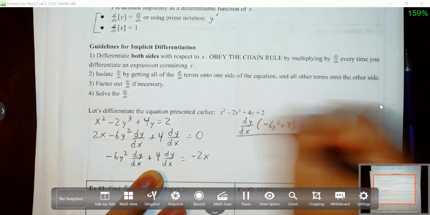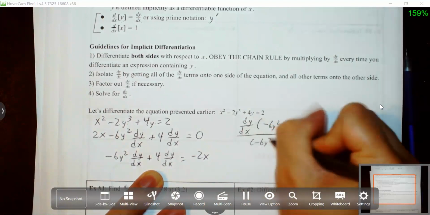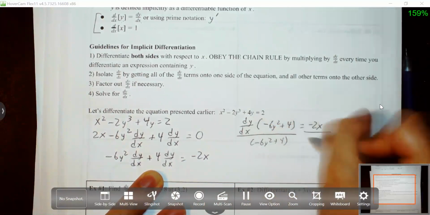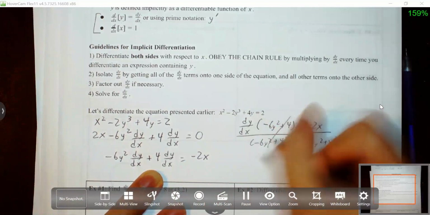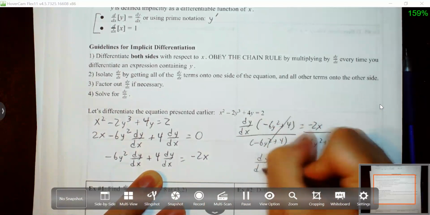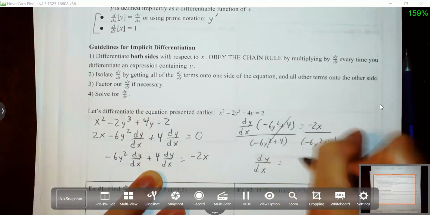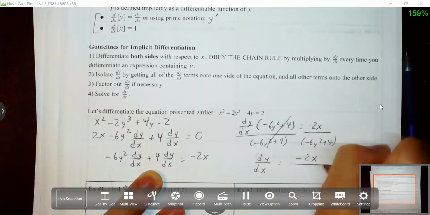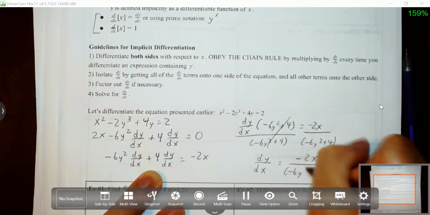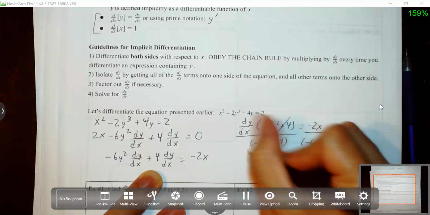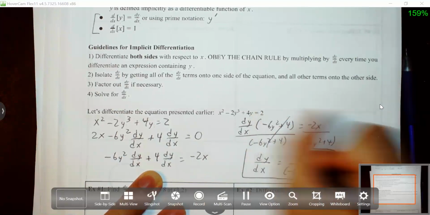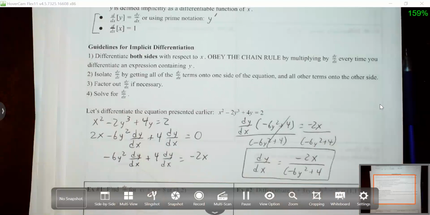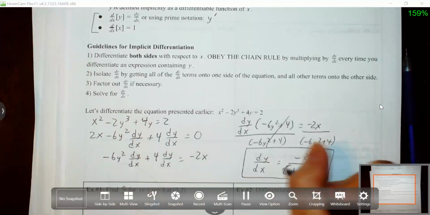So I'm going to divide both sides by negative 6y squared plus 4. And so my derivative is this. You don't even need the parentheses here.